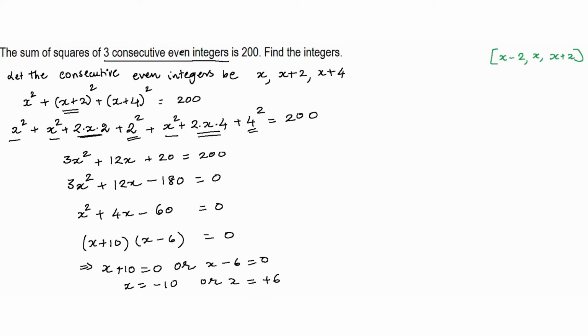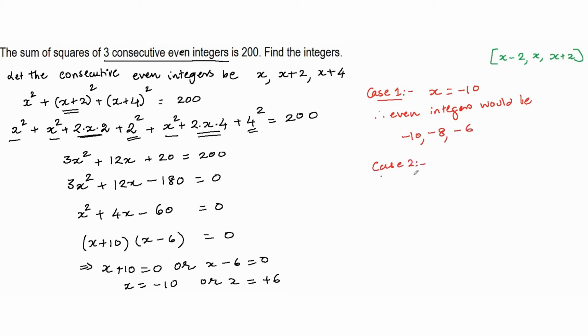So let's take the first case, case 1, where x equals negative 10, and therefore the even integers would be x is negative 10, x plus 2 is negative 10 plus 2, negative 8, and negative 10 plus 4 is negative 6. That's one case.